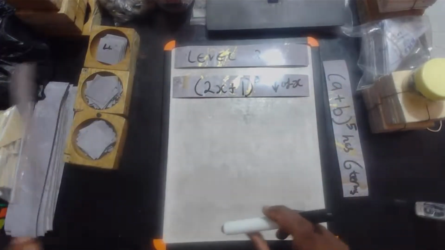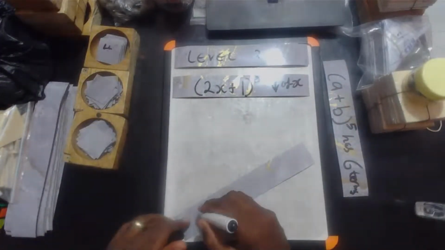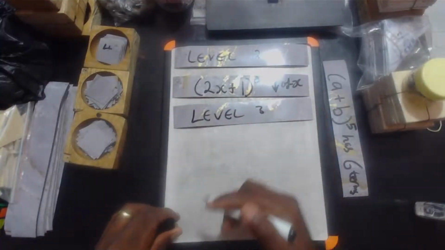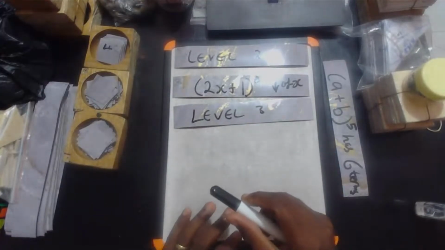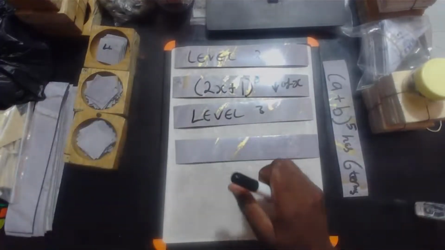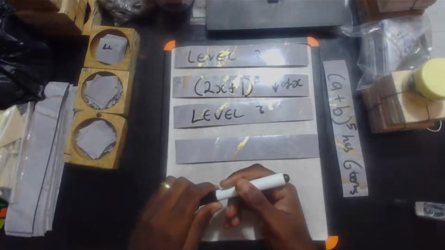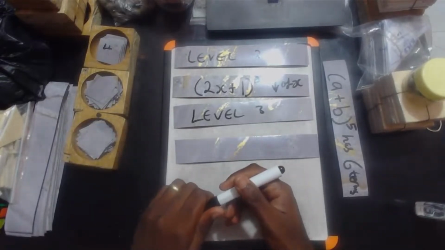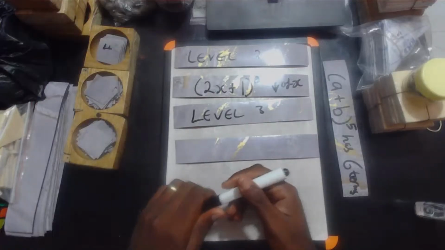So let's make up for level 3. What are we looking at? Level 3 presents an interesting problem. It says that a fishing community wants to calculate the probability of catching different types of fish.